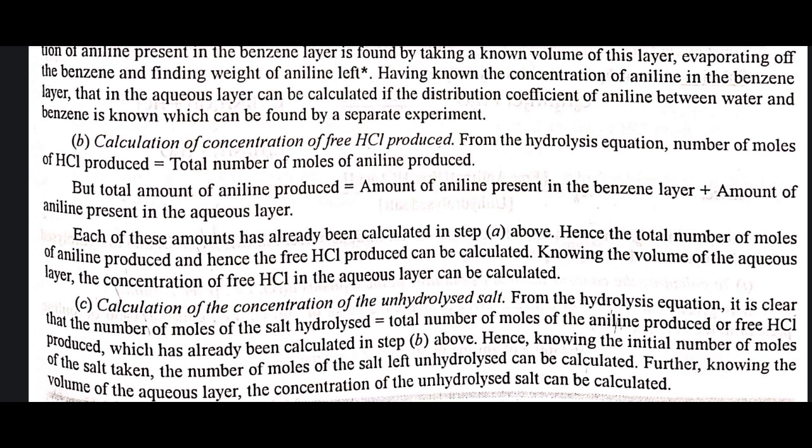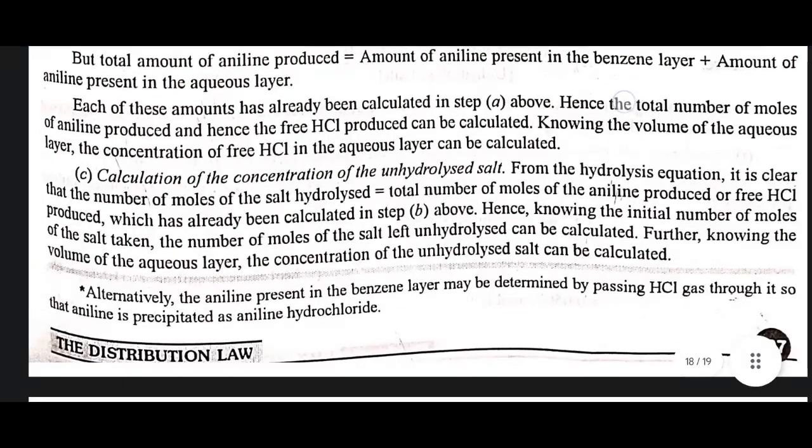C. Calculation of the concentration of the unhydrolyzed salt. From the hydrolysis equation, it is clear that the number of moles of the salt hydrolyzed is equal to the total number of moles of the aniline produced or free HCl produced, which has already been calculated in step B above.